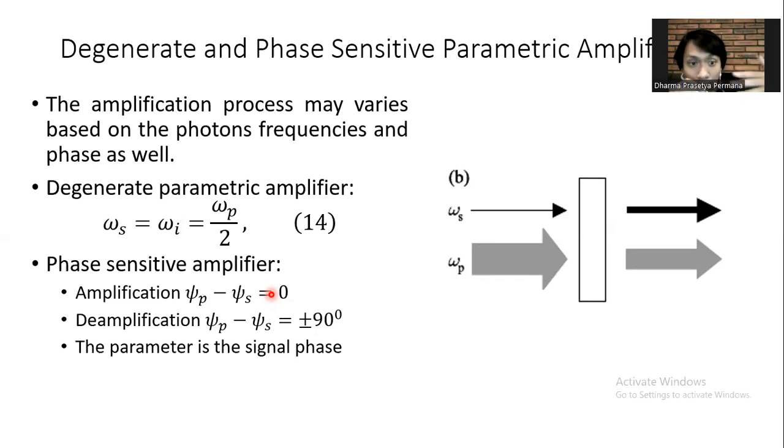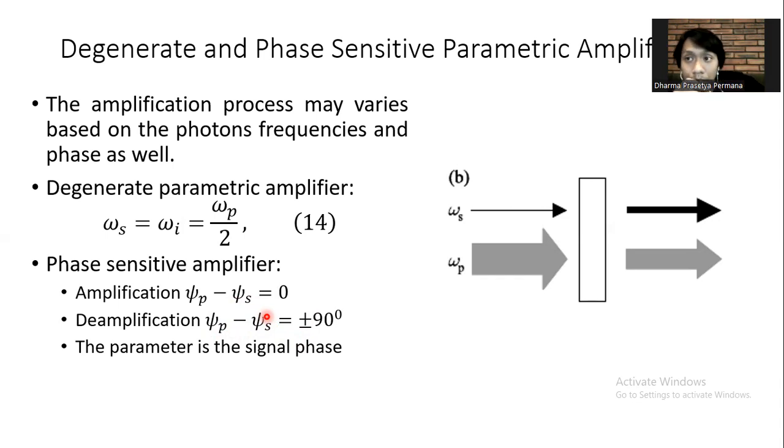But when the phase difference is equal to 90 degrees, or pi over 2, it will produce destructive interference. The photon will disappear.